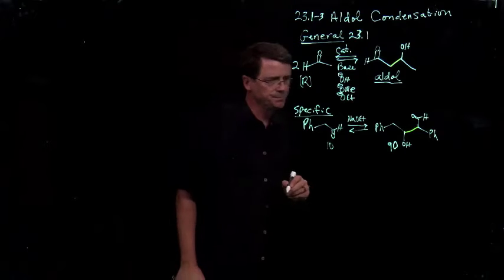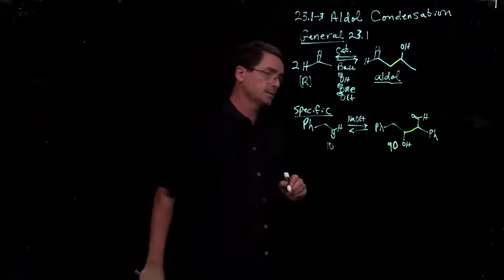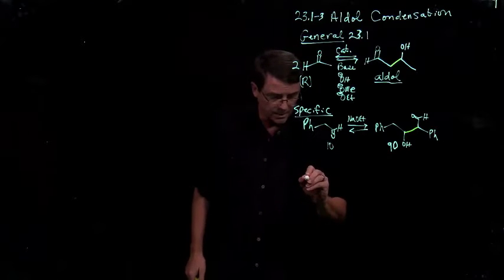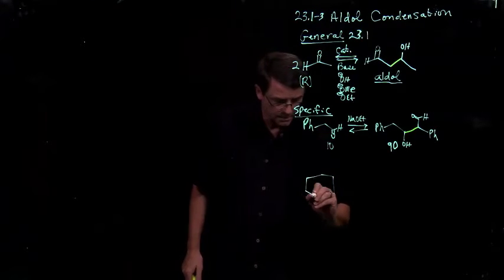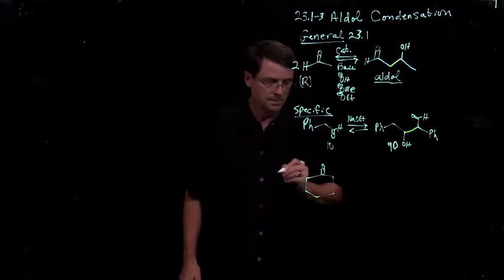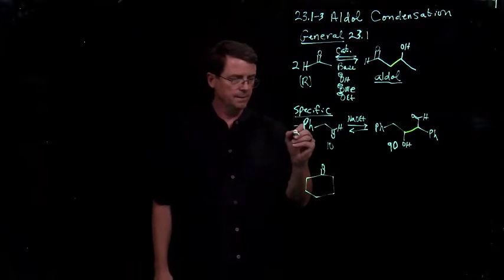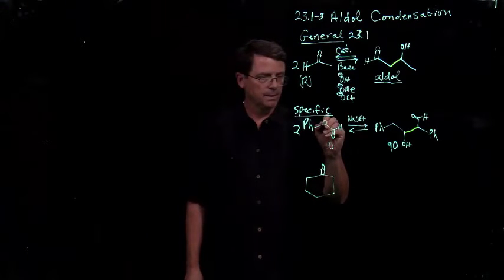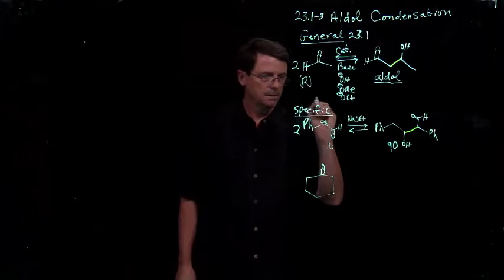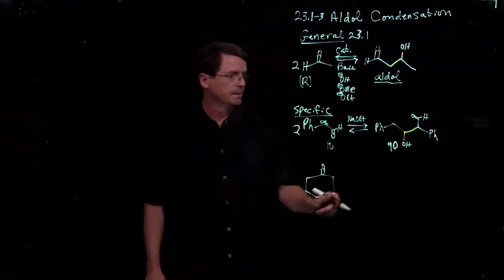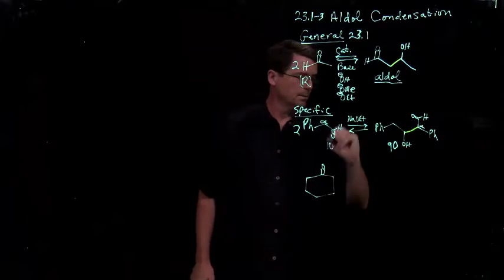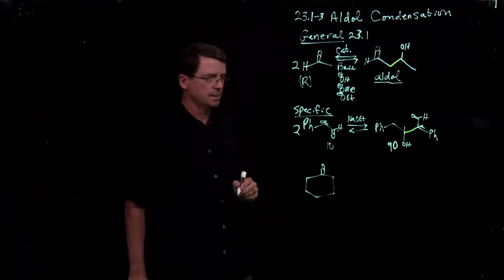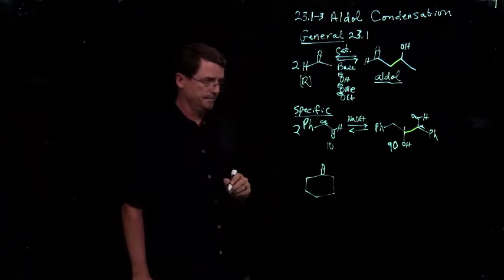So that reaction is favored to give you the product, but not all of them are, in particular with cyclohexanol. By the way, of course, there are two of these. So notice we're making a bond between the alpha carbon of one position, here's the alpha carbon, and the carbonyl carbon, or the one position of the other aldehyde.